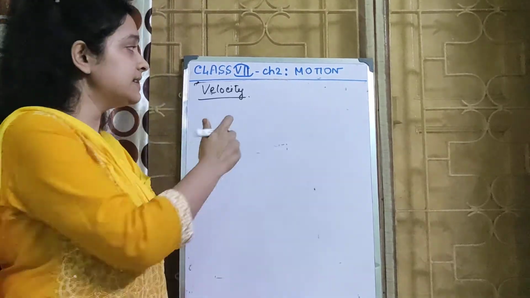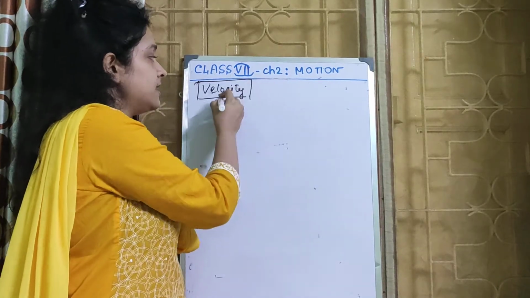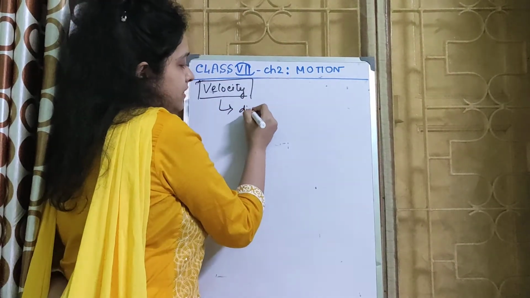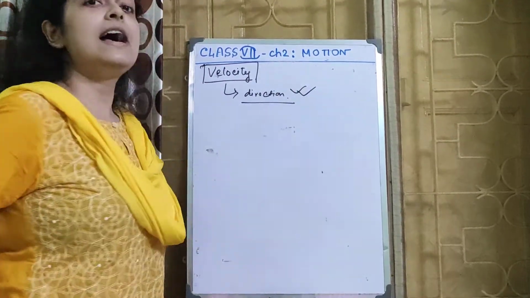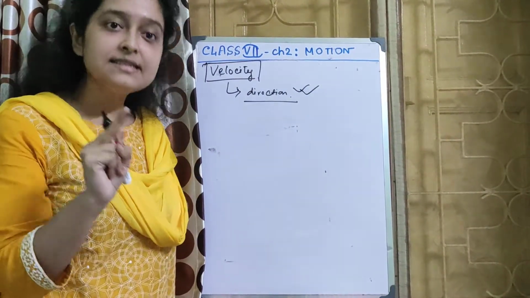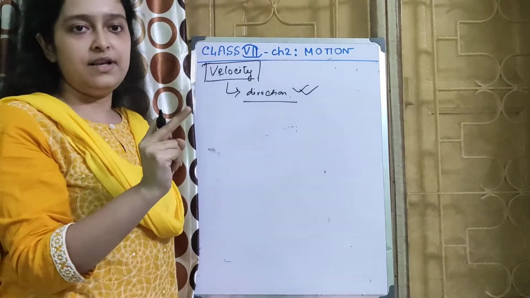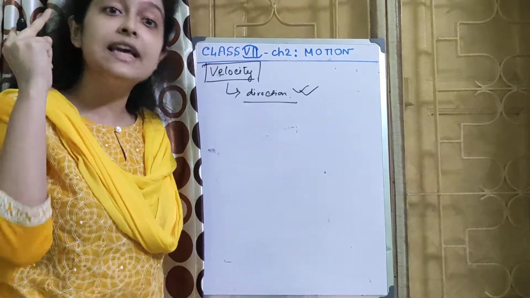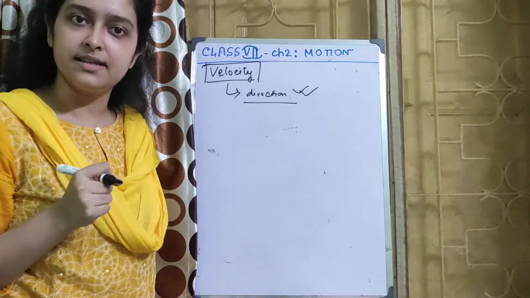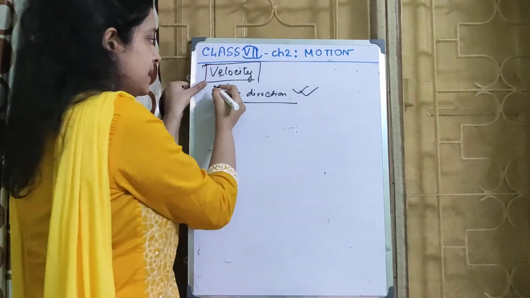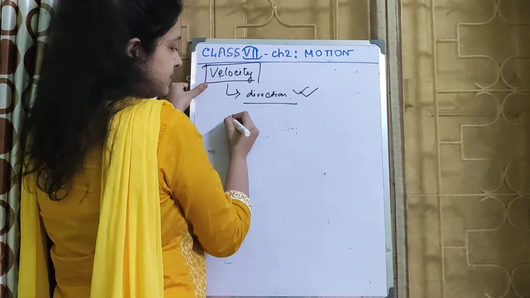The difference is velocity also has a direction. That means the distance travelled per unit time in a given direction. Here comes the difference between speed and velocity.